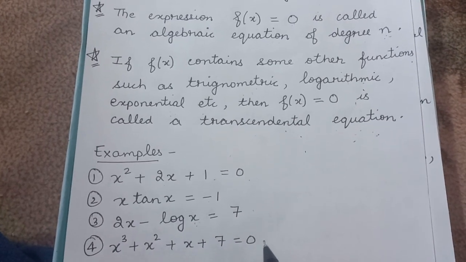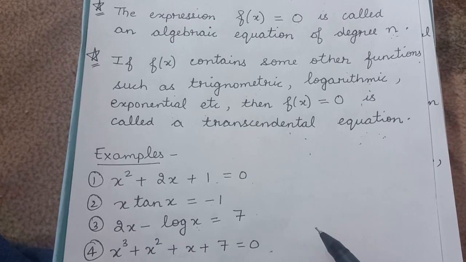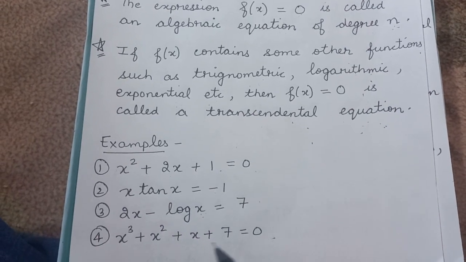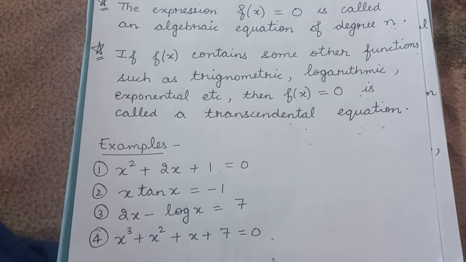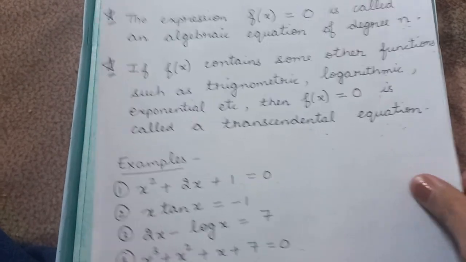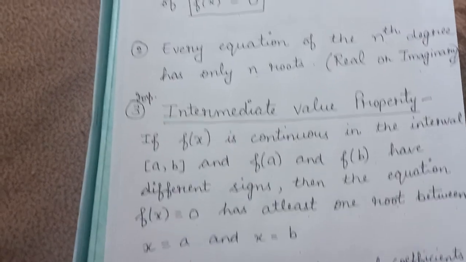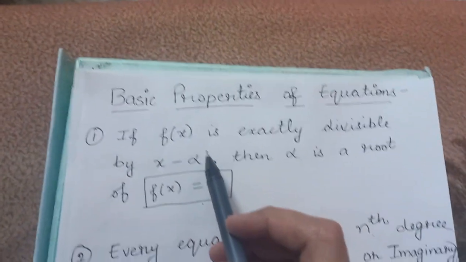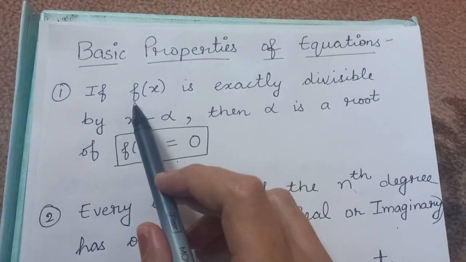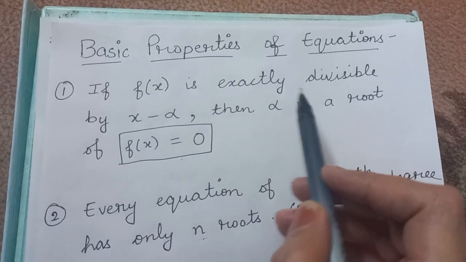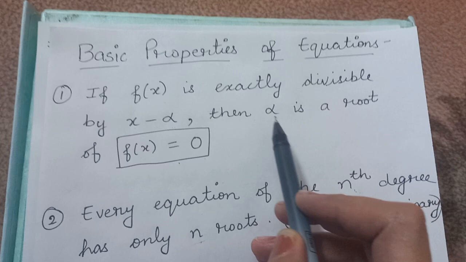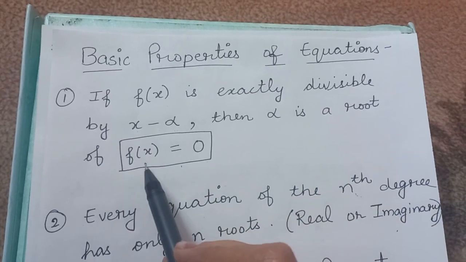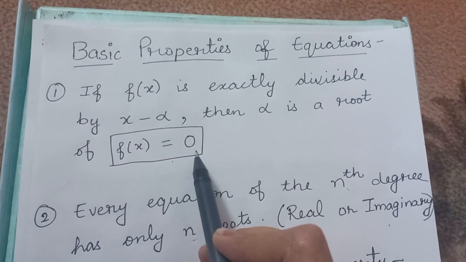Right. So again, to start with the solution of these equations, let's first understand some basic properties of these equations. Look at the first property. If f of x is exactly divisible by x minus alpha, then alpha is a root of f of x equals 0.